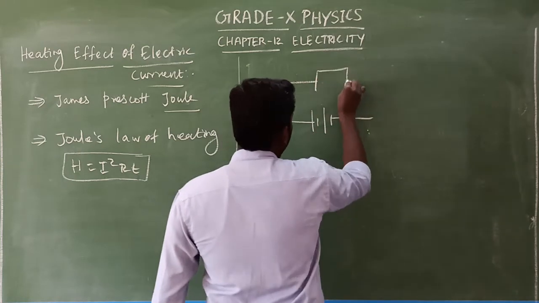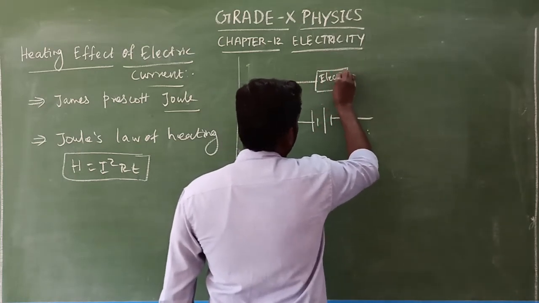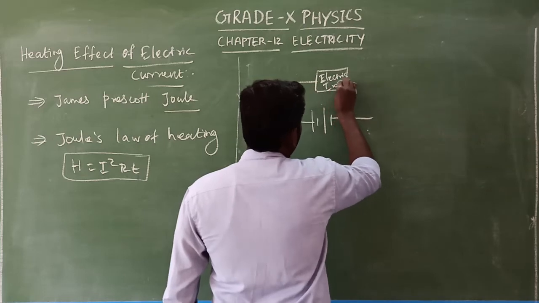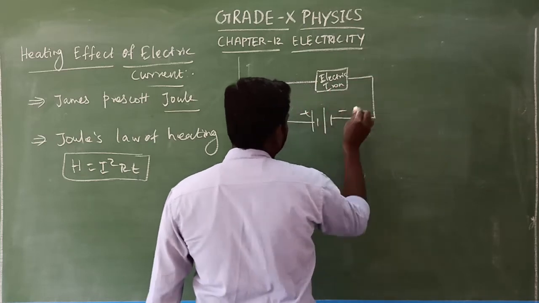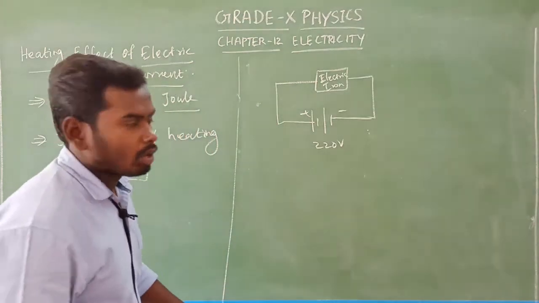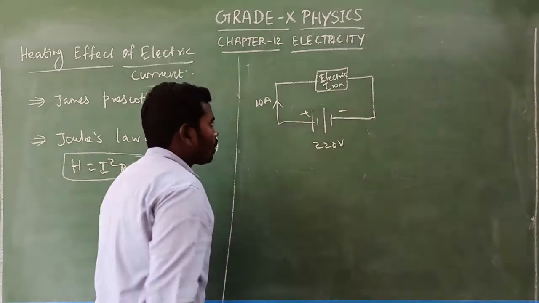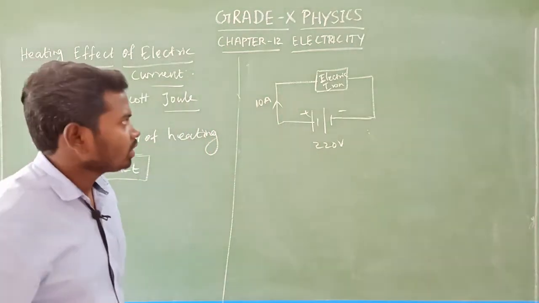We have connected an electric iron. We apply a 220 volt potential difference. Due to this potential difference, 10 ampere current flows through the circuit. How much? 10 ampere current flows through the circuit, isn't it?